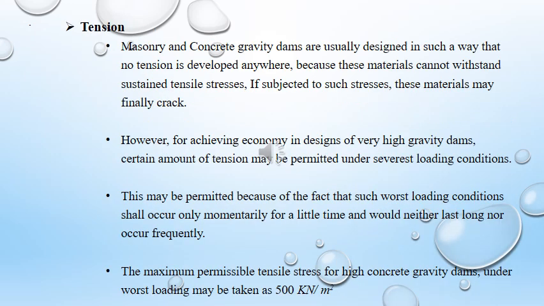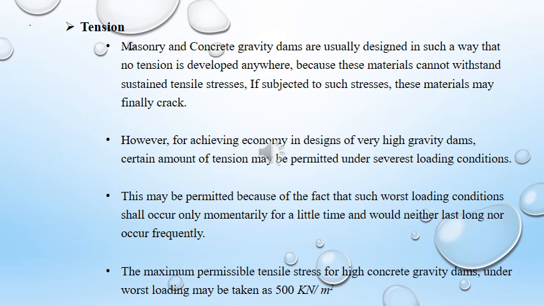The third mode of failure is by tension. So, masonry and concrete gravity dams are usually designed in such a way that no tension is developed anywhere, because these materials cannot withstand tensile stress.